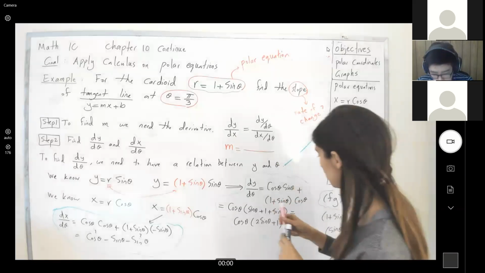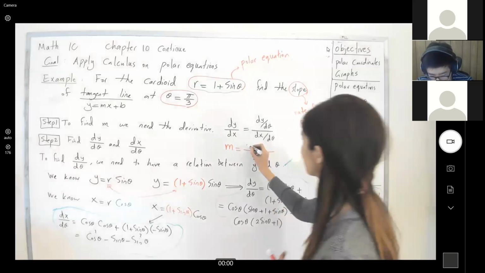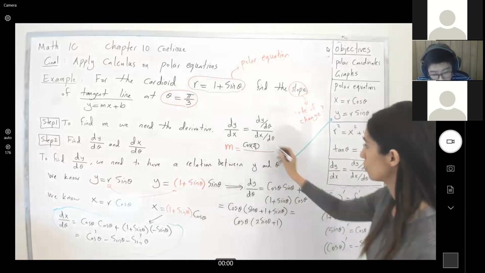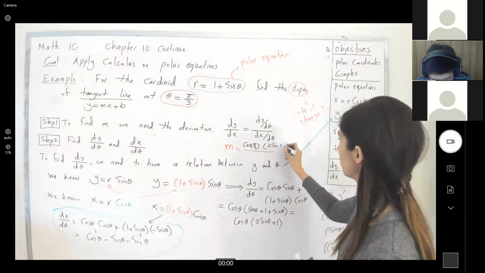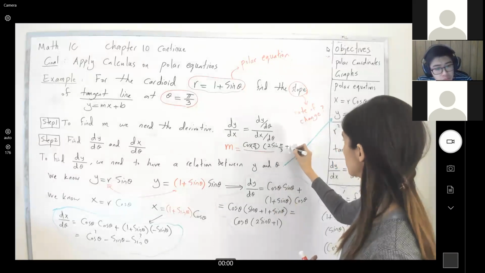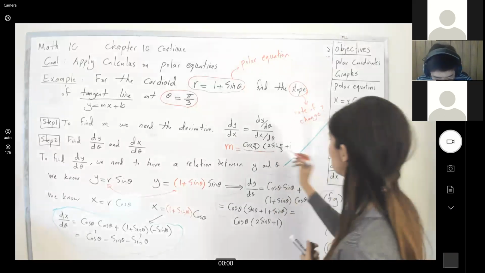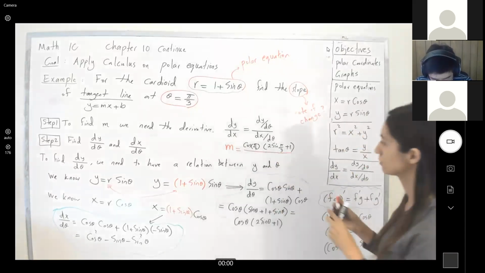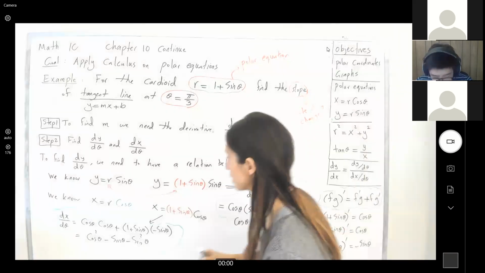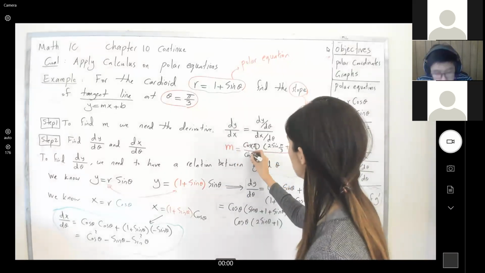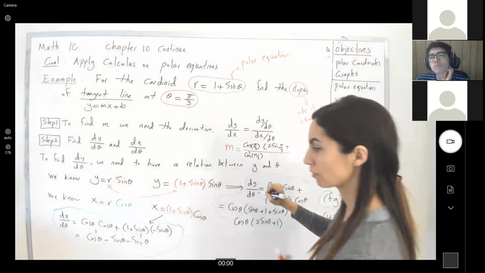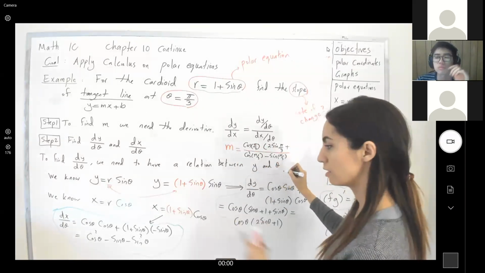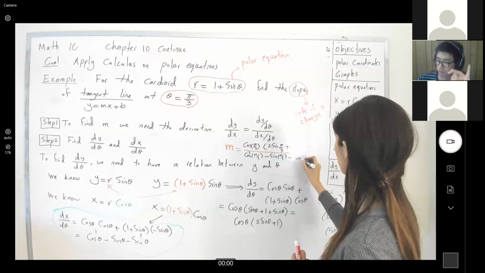So I get cosine pi over 3 times 2 sine pi over 3 plus 1, divided by cosine squared pi over 3 minus sine pi over 3 minus sine squared pi over 3.